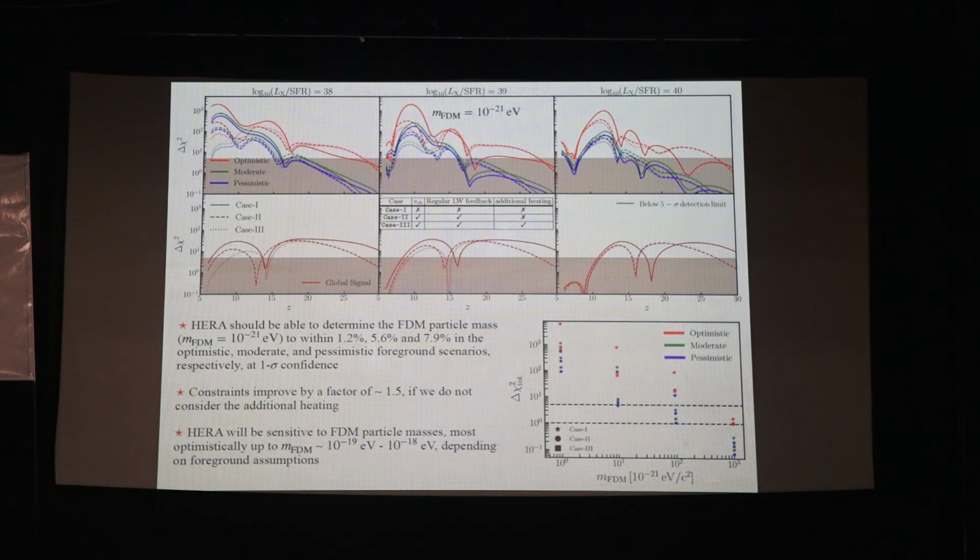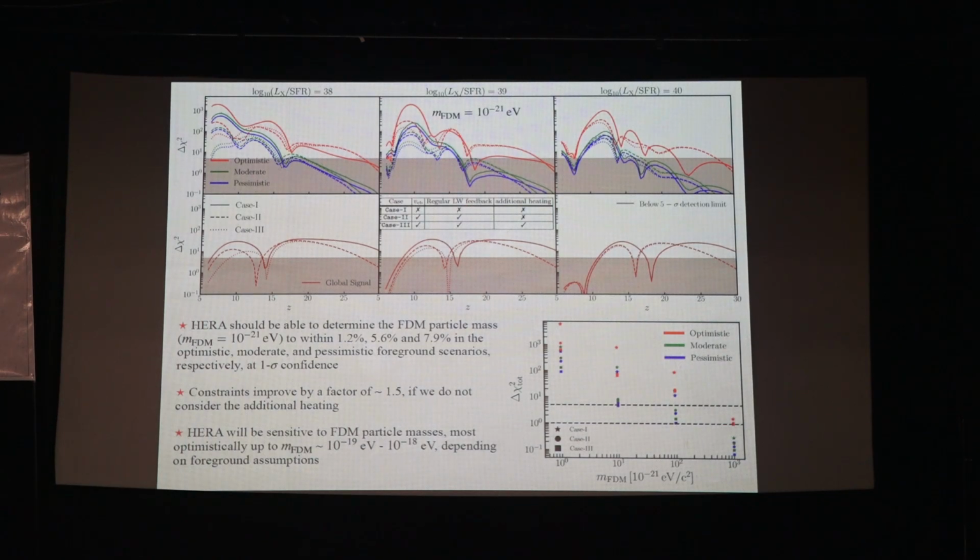This statistically says whether it is possible to distinguish between the CDM and FDM models for the power spectrum as well as for the global signals. As you can see, the power spectrum is better than the global signal in distinguishing between the CDM and FDM models, and this depends also on the different cases that you consider.